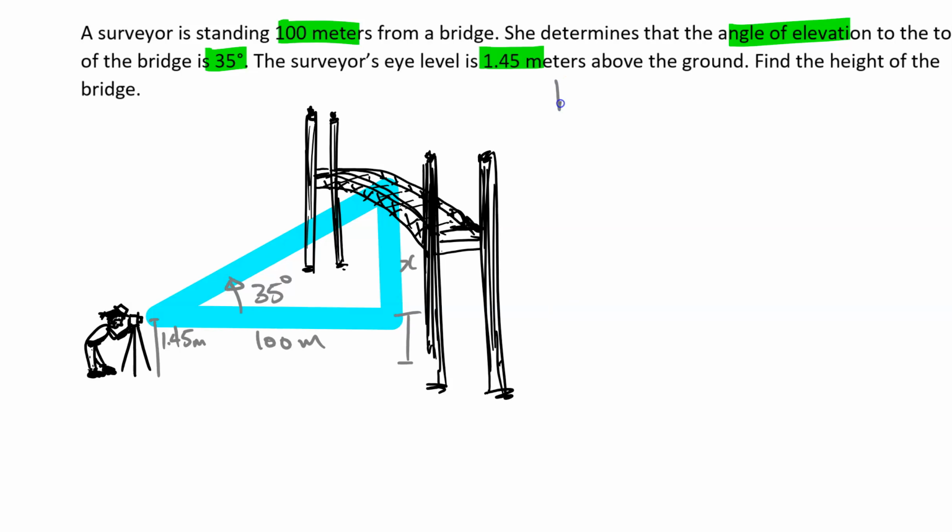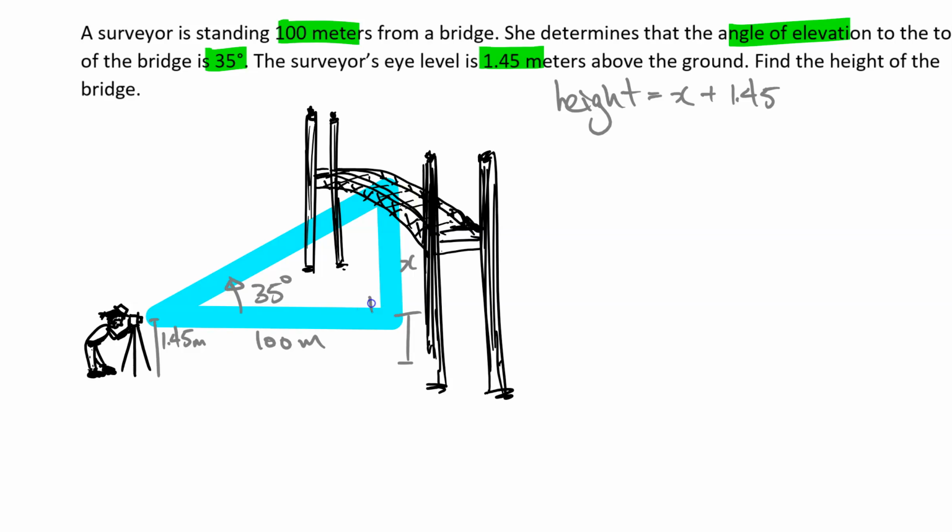So let's make an indication here that the height is equal to x plus the 1.45 eye level. Okay, because that would give us the total height of the bridge. Okay, you got to add those two together.